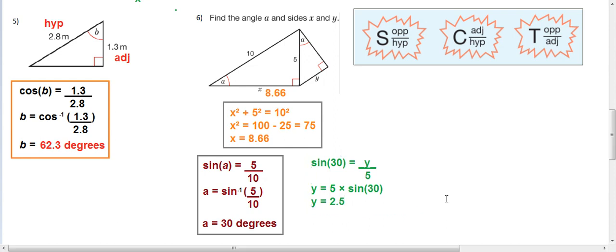Is it right? How can we figure out if this is right or not? At the beginning of this question, I told you that both triangles are similar since they have two equal angles, which means that the 30 degree angles here are equal as well.